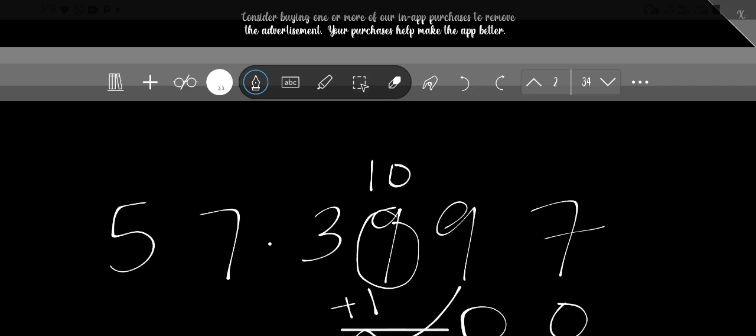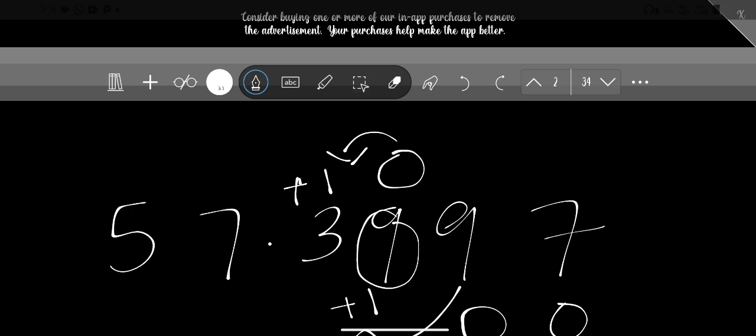This 9 here can't actually be written as 10 as a single digit, so we write the 0 here, and then we pass on the 1. That is, we pass on the tens digit to the 3, and then plus 1.